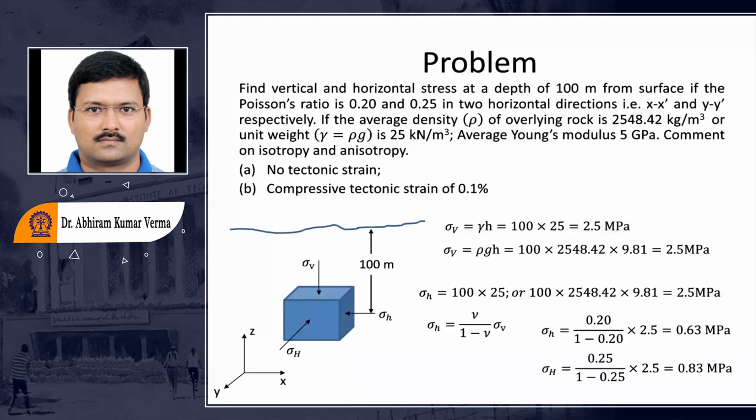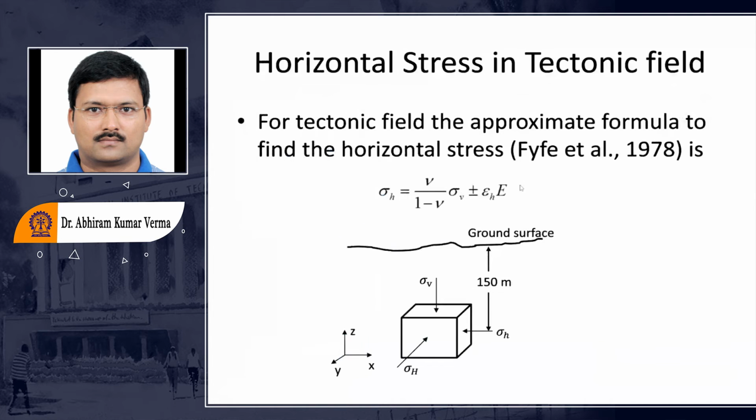Okay. In this case we are assuming that there is no tectonic strain, but when there is a tectonic strain of 0.1%, we can use these relationships to find out the horizontal stress.